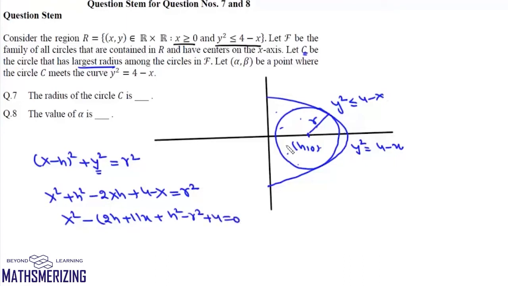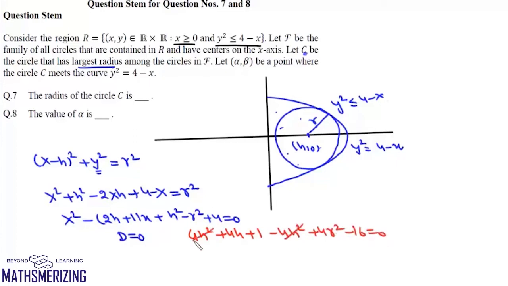Now for the largest circle, it has to be tangent to this parabola, and if it is tangent to this parabola, then it should have only one point of intersection, that is the value of D must be 0. Now if we put D equals 0, we'll get (2h plus 1) whole square minus 4(h square minus r square plus 4) equals 0, that is 4h square plus 4h plus 1 minus 4h square plus 4r square minus 16 will be equal to 0.